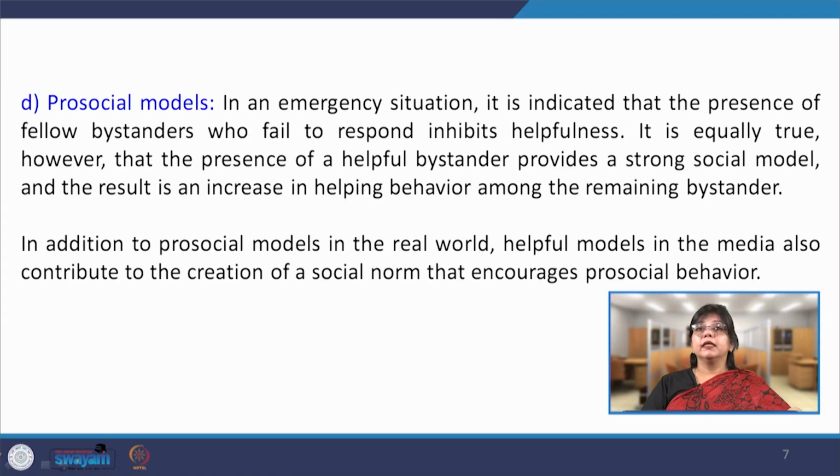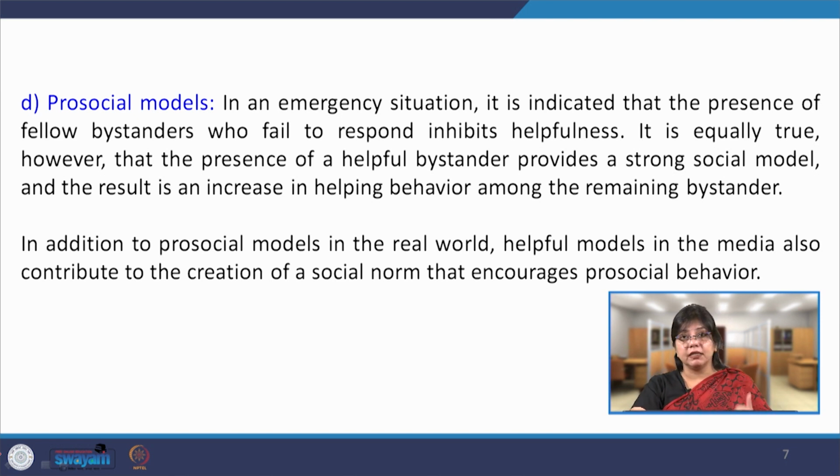The other is the prosocial model. Now, in any emergency situation, it is indicated that the presence of fellow bystanders who fail to respond inhibits helpfulness. It is equally true, however, that the presence of a helpful bystander provides a strong social model. If one bystander is not helping, it will inhibit the help of another bystander also, because one thinks, if he is not helping, then why should I help?